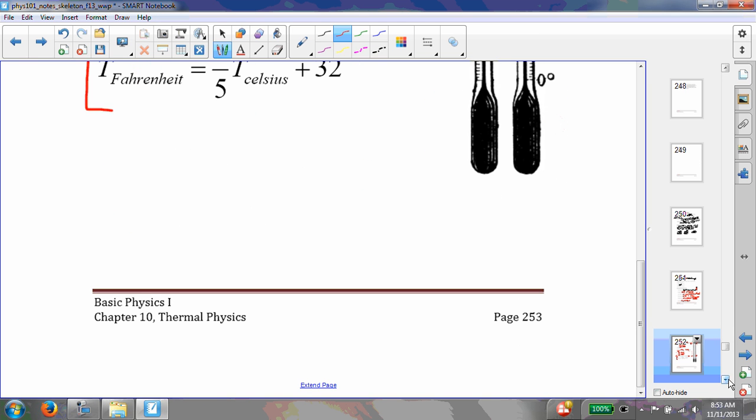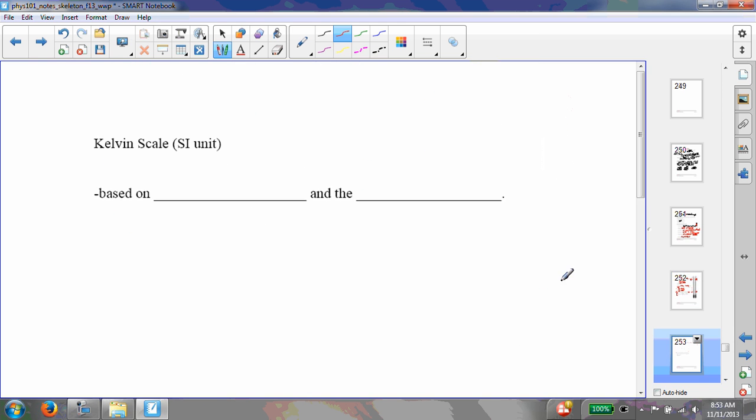Let's look at the third scale, which is the Kelvin scale. The Kelvin scale is the SI unit for temperature, but we'll often use the Celsius scale, or they also call it centigrade. The Kelvin scale is based on absolute zero and the triple point of water.